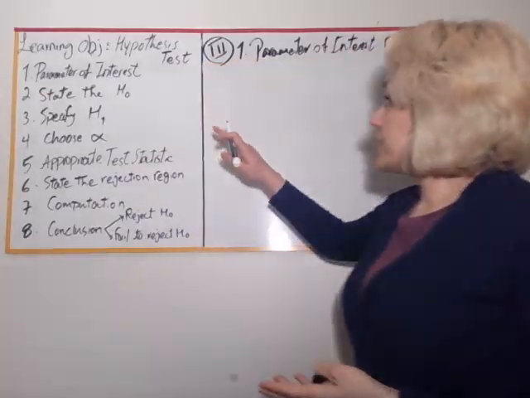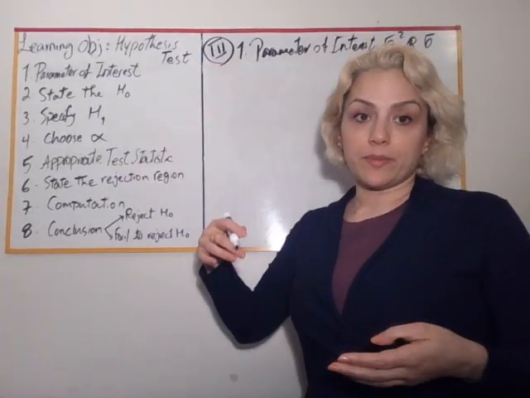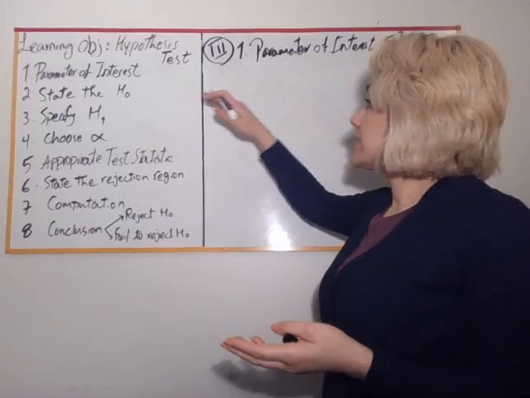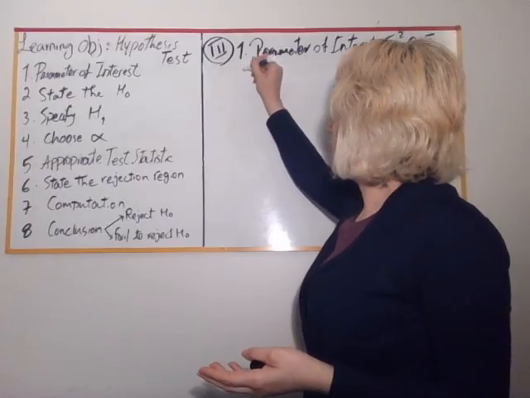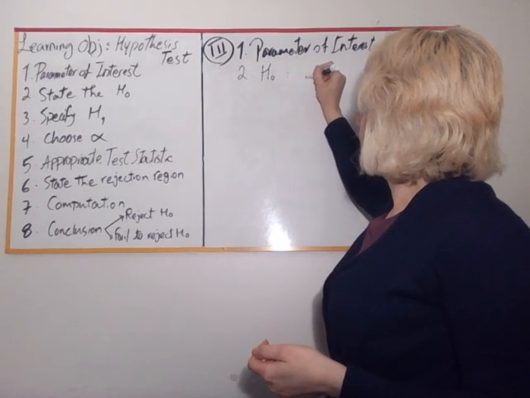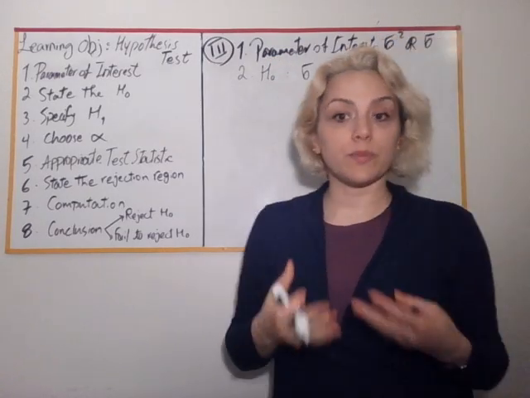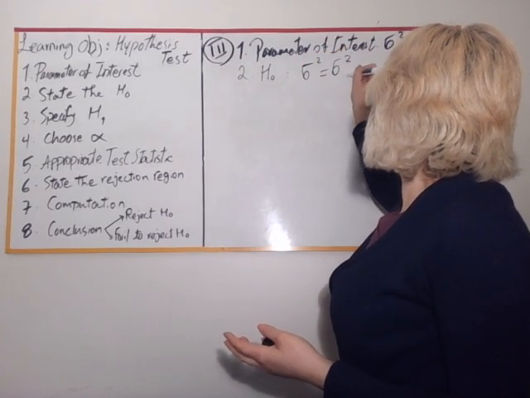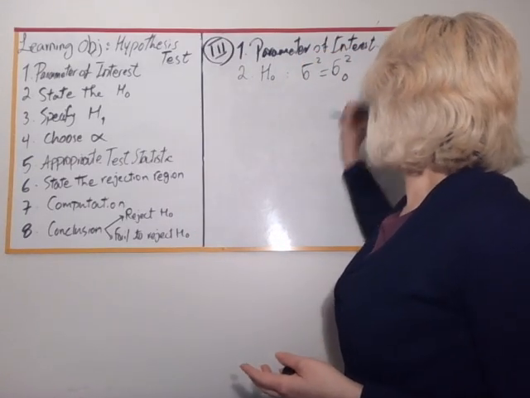So the first step is that we are looking for the parameter of interest, and we found it. The second step is to state the null hypothesis. For the null hypothesis, we would say that our sigma squared is equal to sigma squared null.